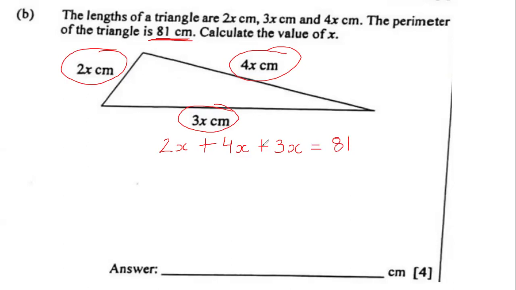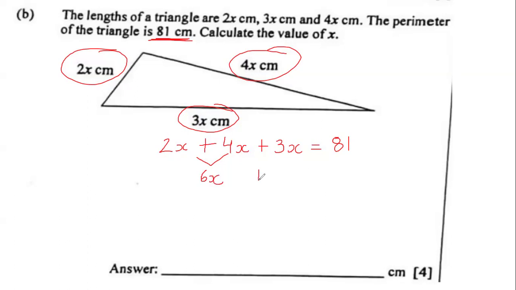And so we have 2 plus 4 plus 3. 2 plus 4 is going to be 6x, right?